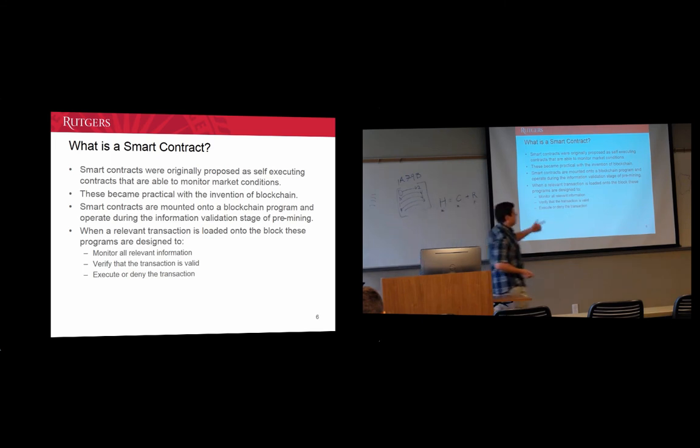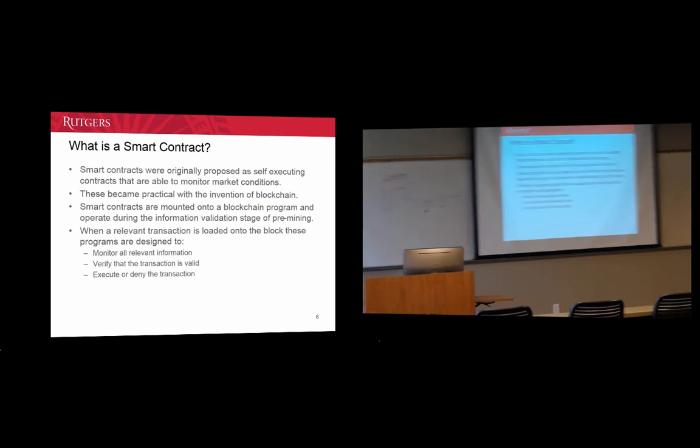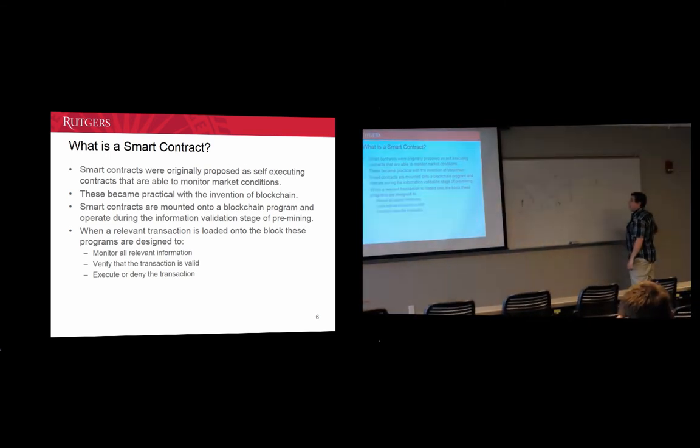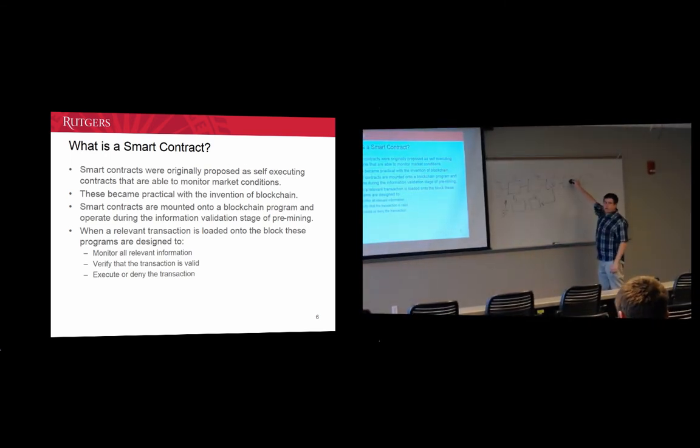Then all of a sudden, this conglomerate, Satoshi Nakamoto, comes up with this blockchain system, and you have a way of loading a smart contract onto a block to operate throughout the rest of the blockchain. So you can't alter the conditions of the smart contract without having to mount a 51% attack. Right? So that's kind of the idea.